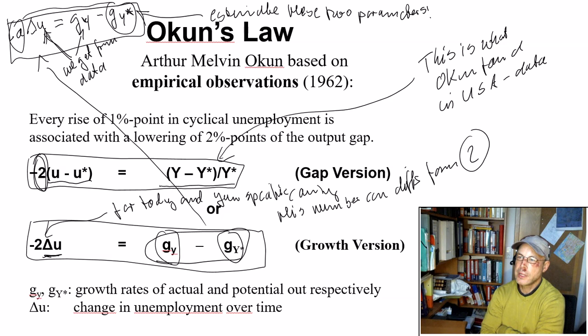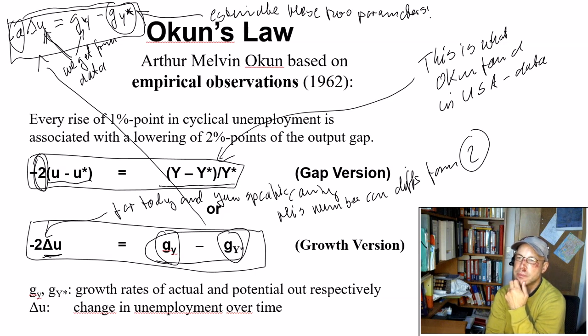This was in the beginning a purely descriptive observation that, not very surprisingly, we have a dependence: when the unemployment rate is low, in general we would have a high GDP growth.